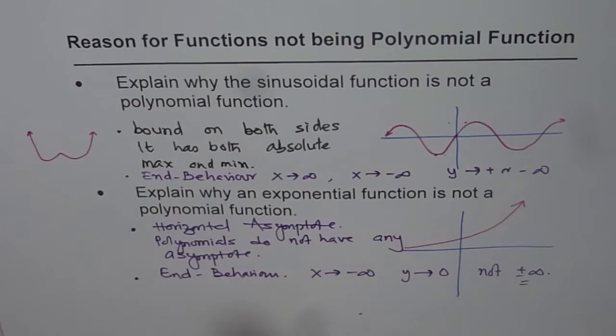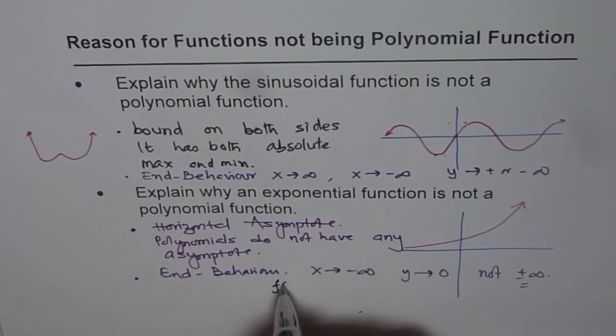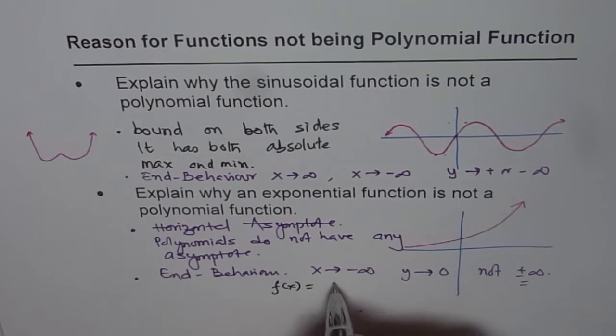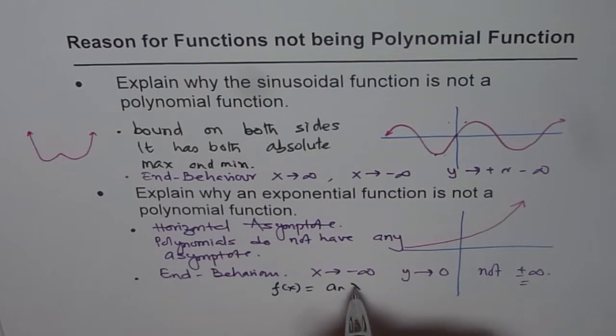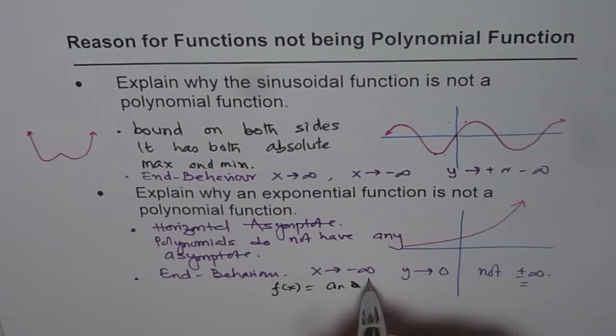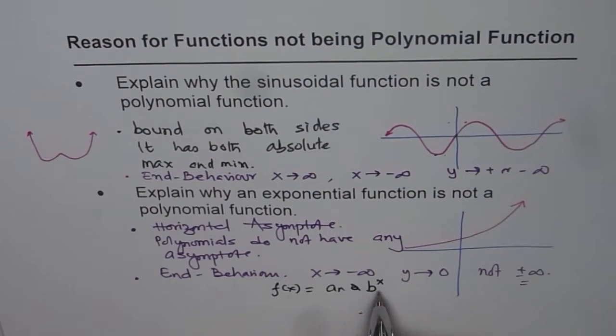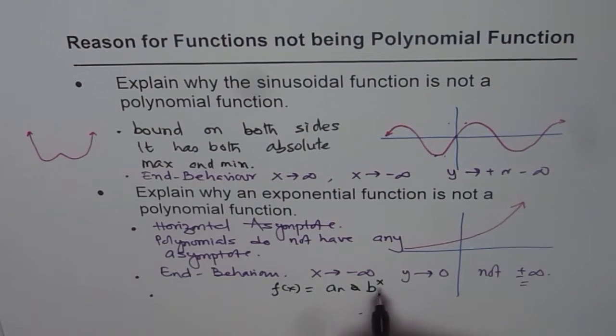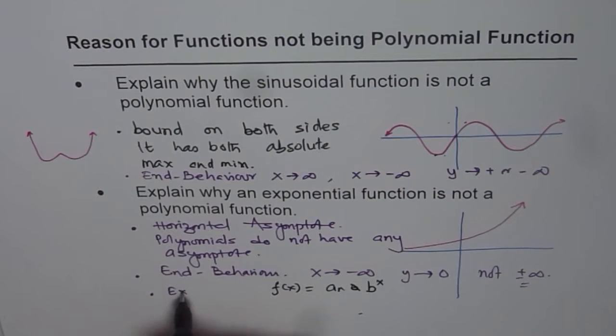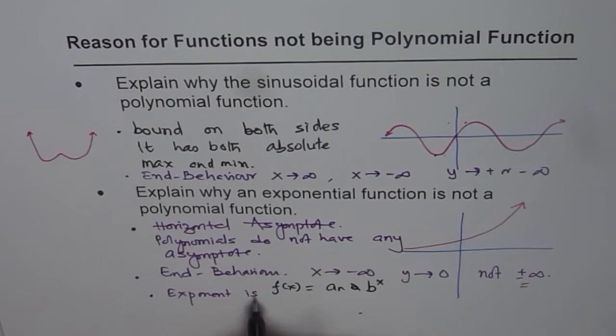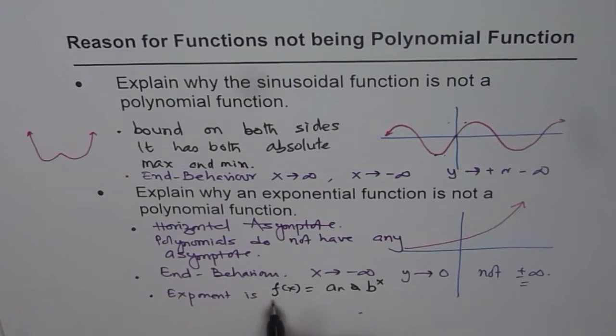Well, the algebraic explanation: an exponential function is a function which has an x, with any constant, let's say b to the power of x, right? Now, that is the algebraic reason for it not being a polynomial function. That is, the exponent is a variable.